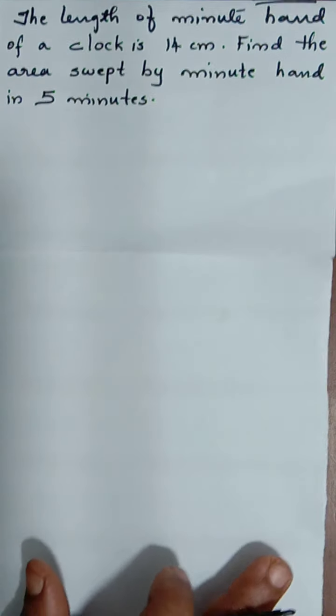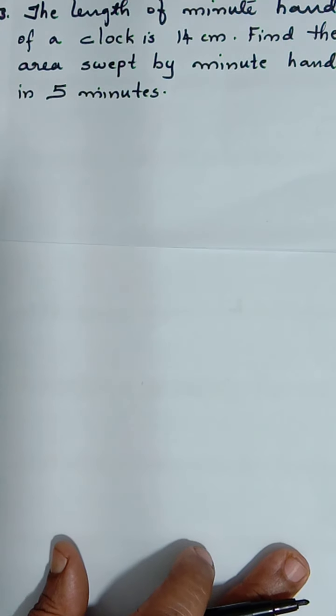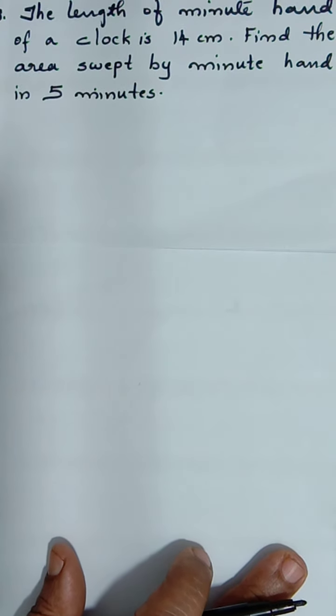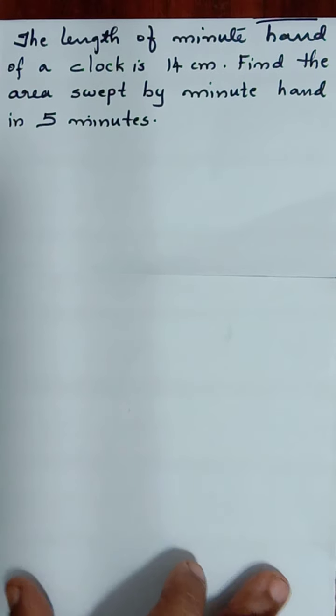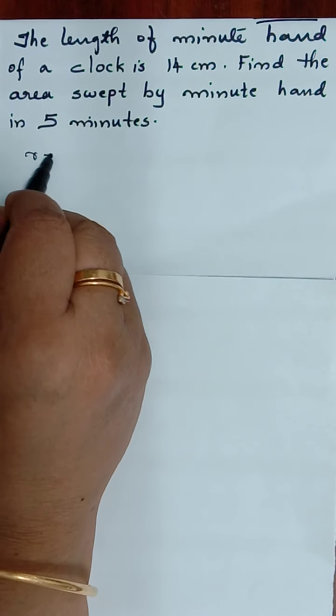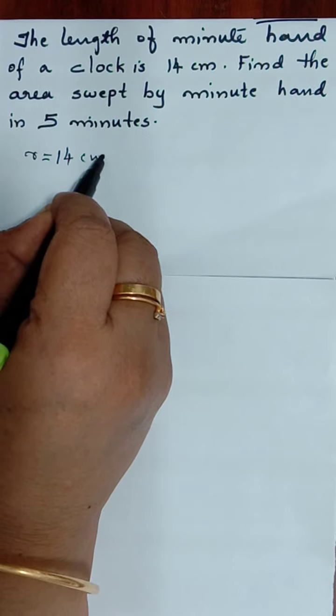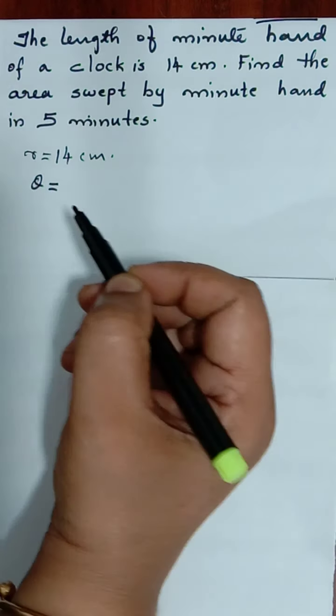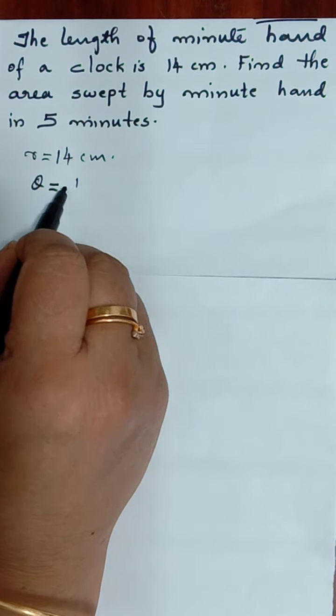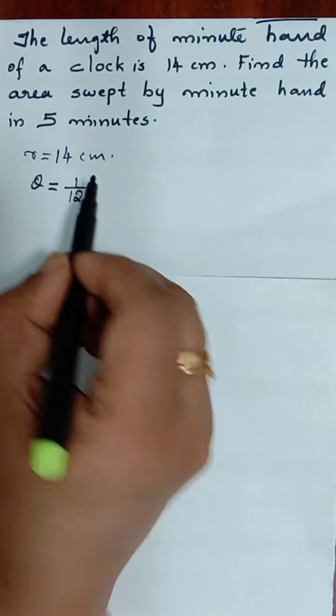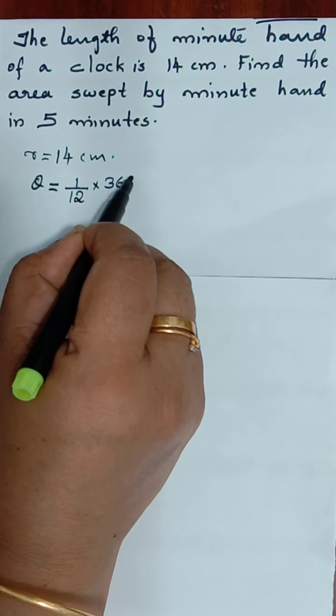That is how we have to consider our central angle. Radius is given to us. Radius is equal to 14 centimeter. Central angle theta will be 1 part out of 12 of 360.